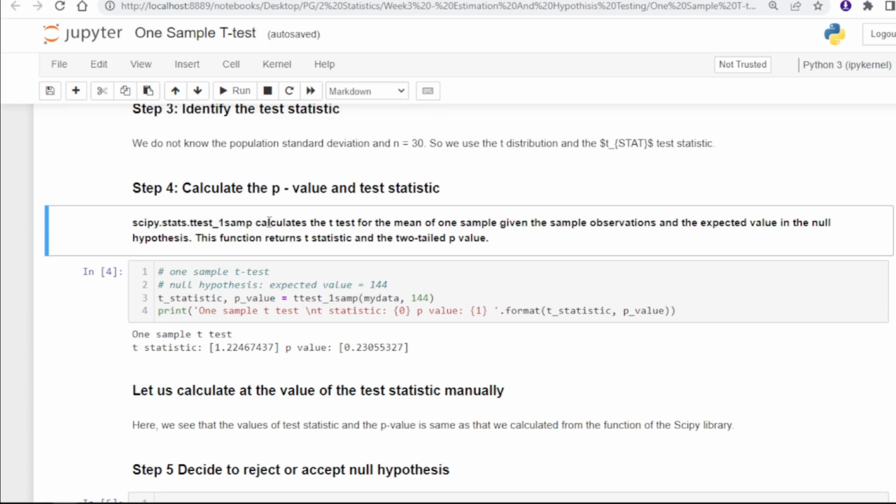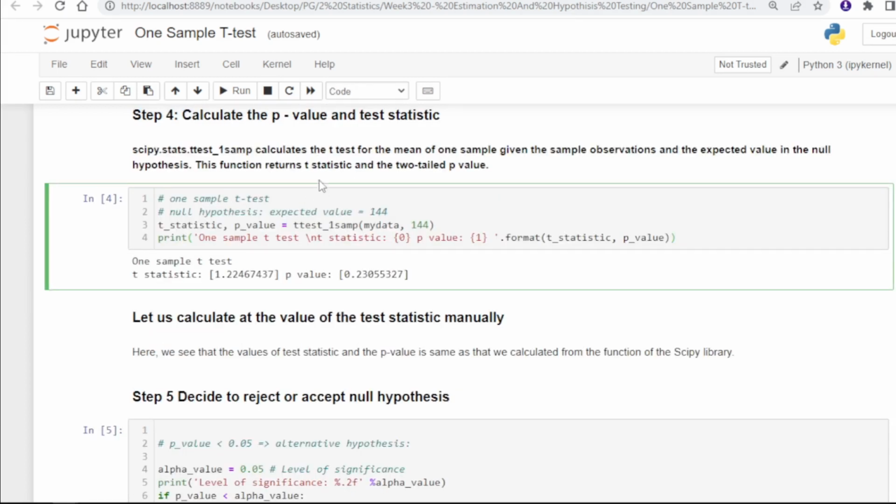Now we calculate the p-value and test statistic. For one sample, this calculates the t-test for the mean of one sample given the sample observations and the expected value in the null hypothesis. The function returns the t statistic and the two-tailed p-value.